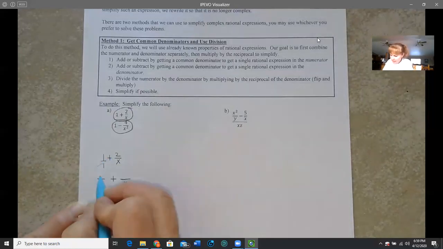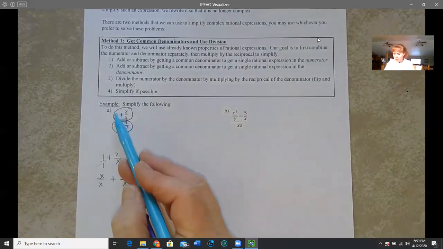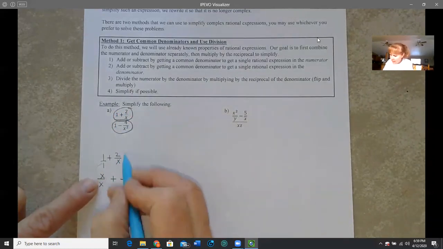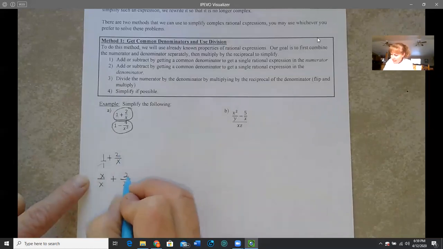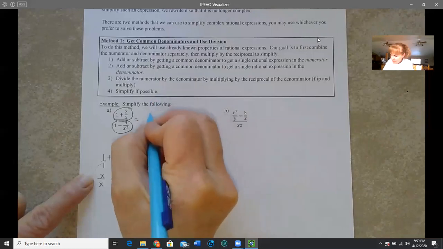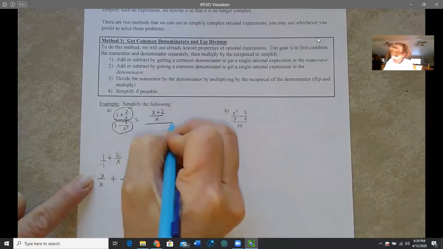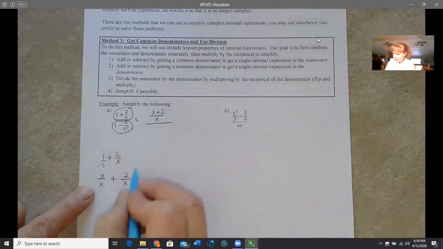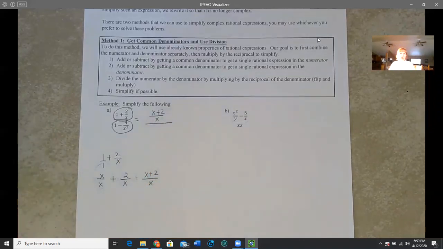So I'm going to multiply that by x, which kind of makes sense. X over x is equal to 1, right? And then this one, to go from here to here, multiply by 1. 2 times 1 is 2. So this numerator is x plus 2 over x. You add the numerators when they have a common denominator. There's our common denominator, and I added them together.